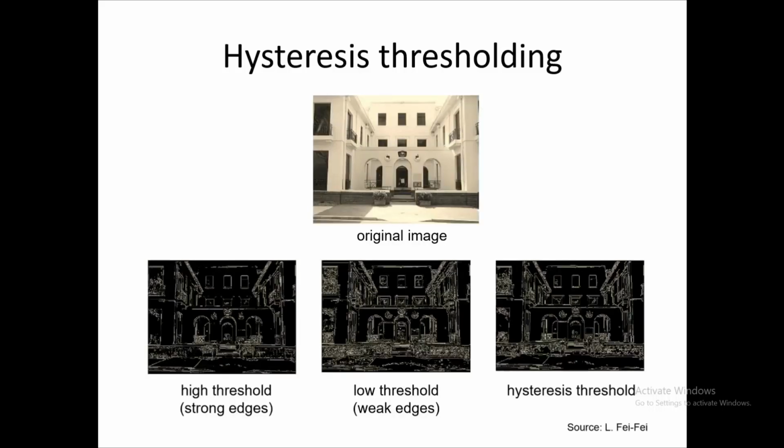And here is an example of hysteresis thresholding. We have the original image, and the results with a high threshold, a low threshold and hysteresis thresholding. We can see that in the high threshold result there are lots of discontinuities in edges, and the low threshold result contains lots of unnecessary details which may be created by noise or some other source.